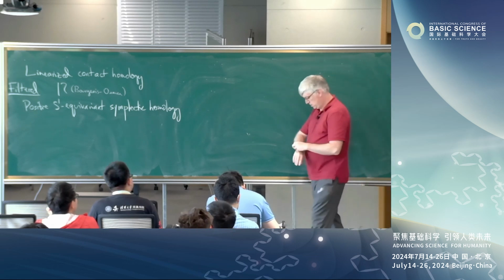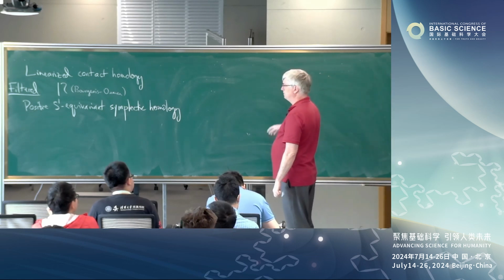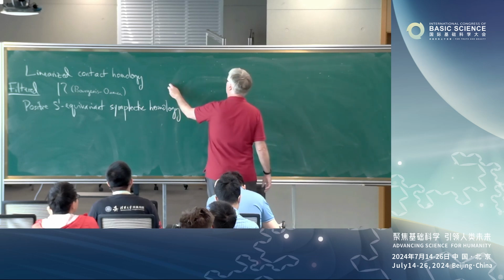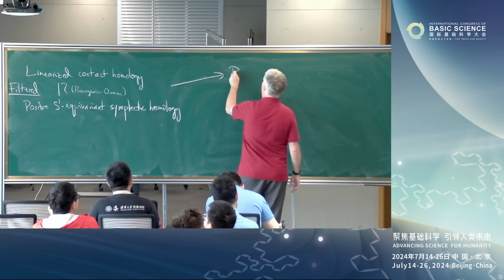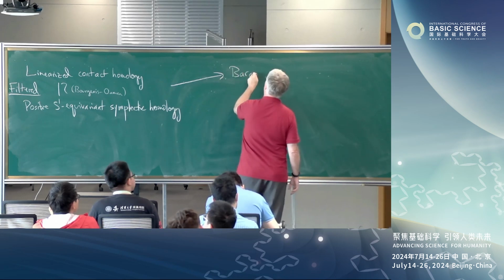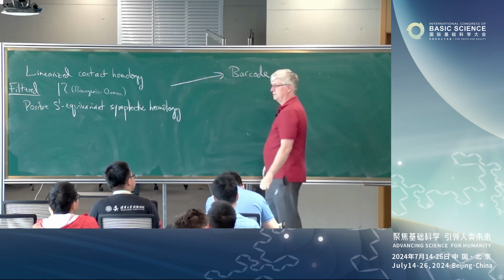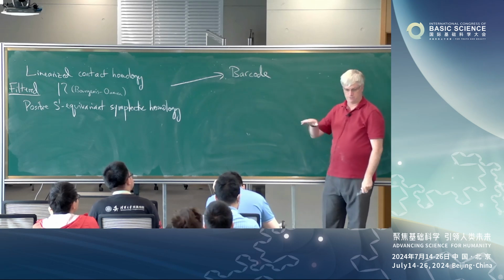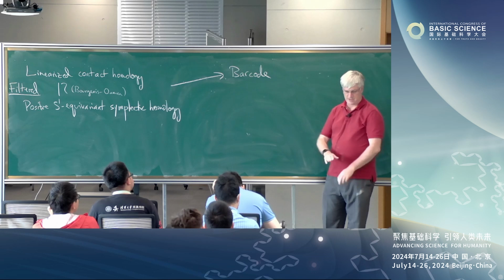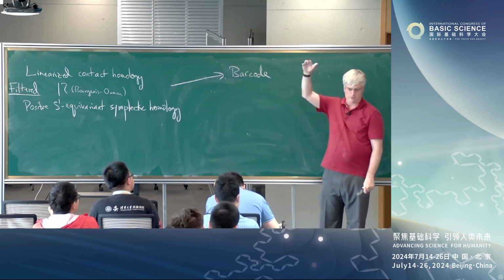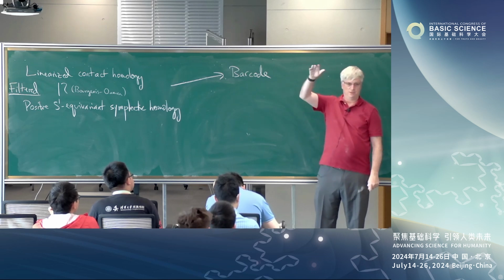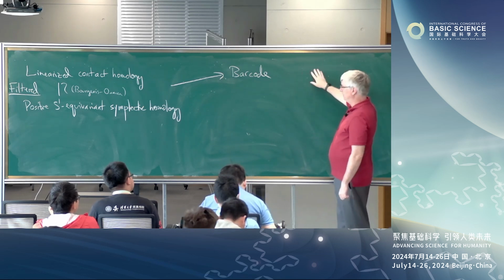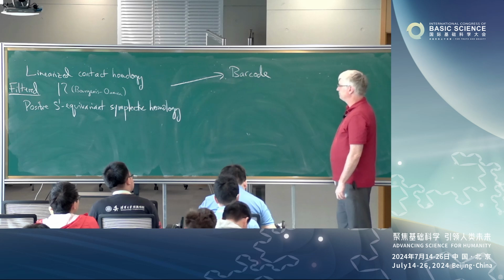And so from a filtered chain complex, you can derive a barcode, as in persistent homology. So as you increase the action filtration, it keeps track of what gets canceled out by the differential. The barcode's enough to prove everything I talked about.